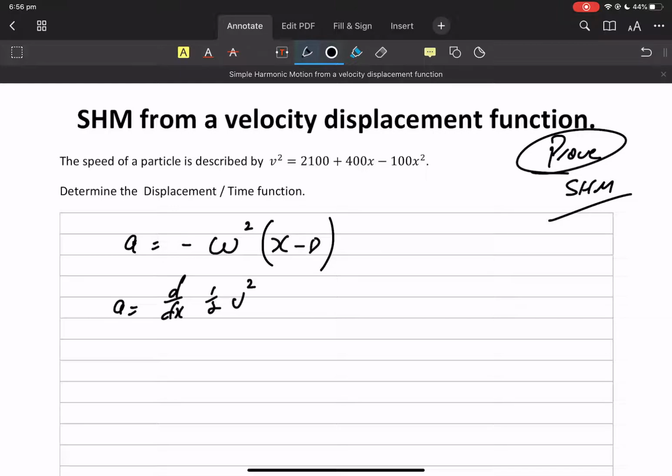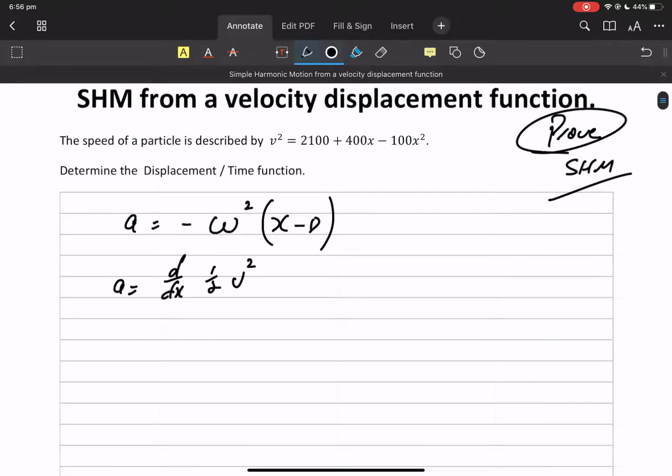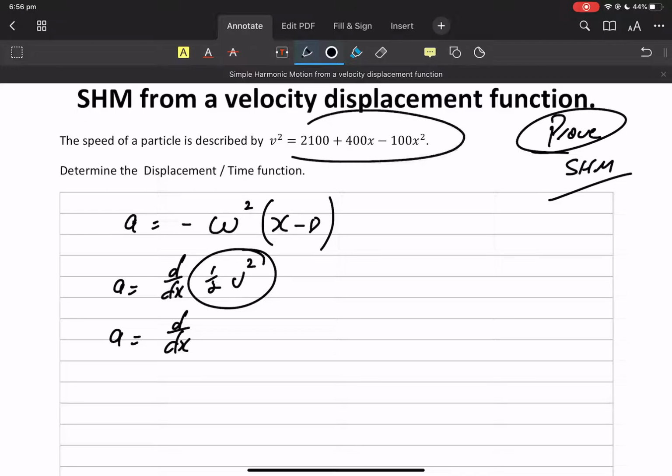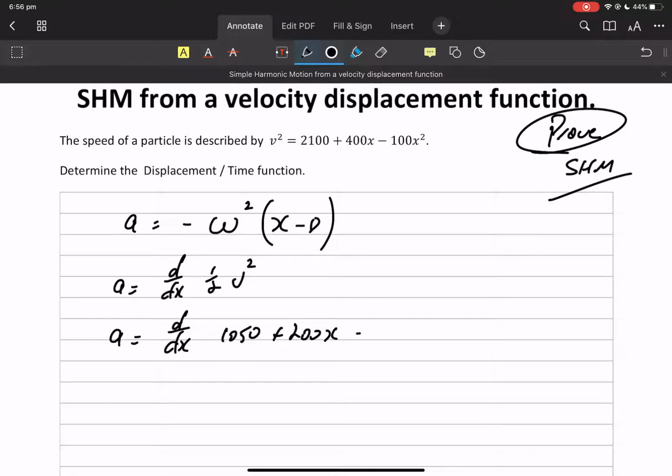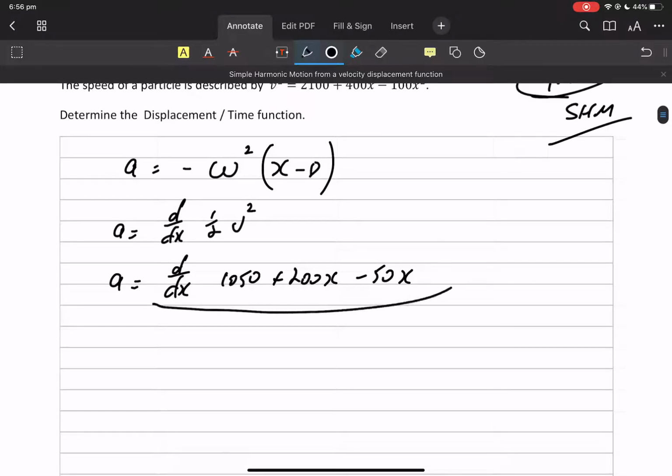So we're going to marry those two together and go, well, acceleration is going to be the derivative of a half of v squared, and there's v squared. So I want to do half of that, and we're just differentiating this with respect to x.